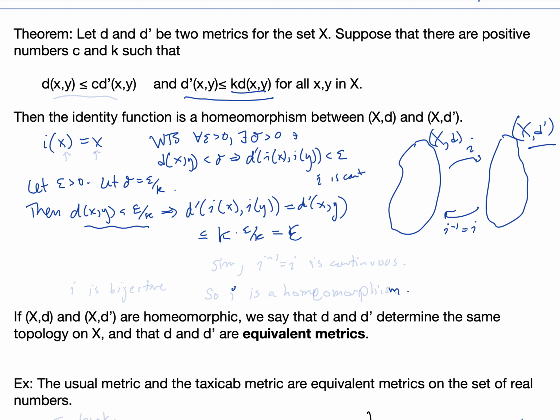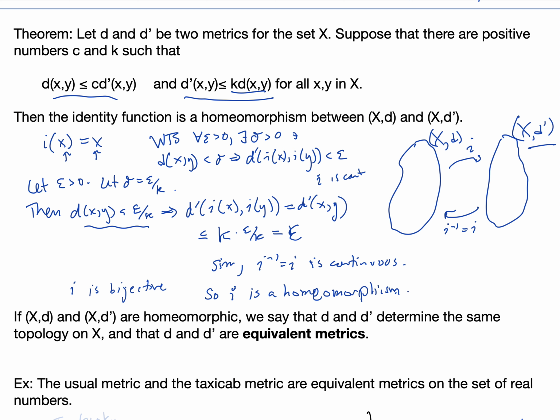So we do have that I is continuous. Similarly, I inverse, which equals I, is continuous; now we'd just be using the other inequality instead. And it's clear that I is bijective: for every one element over here we have exactly one element over there and vice versa. So I is a homeomorphism. The identity function is a homeomorphism.